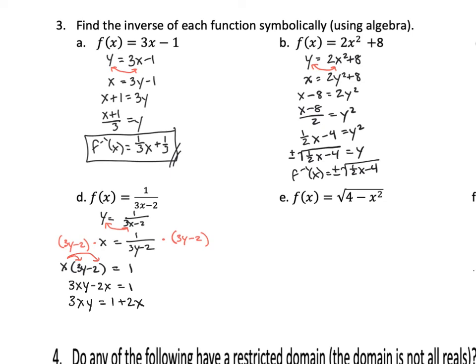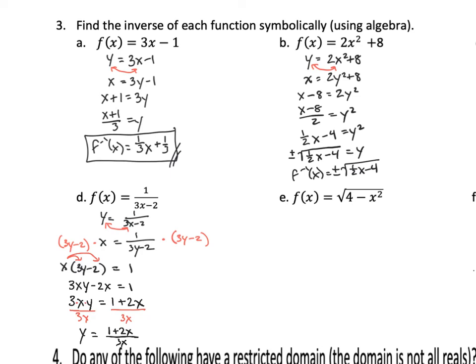And then we have 3, remember this is 3 times x times y. So in order to undo this multiplication, we have to divide. So I'm not just going to divide by 3. I'm not going to just divide by x. I'm going to divide by 3x on both sides, so that we get y is equal to (1 plus 2x) over 3x.